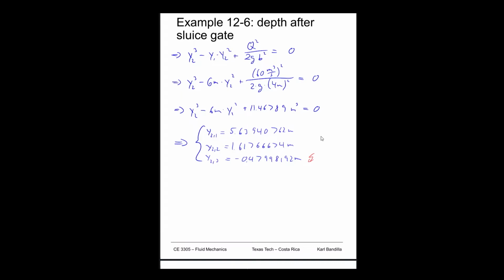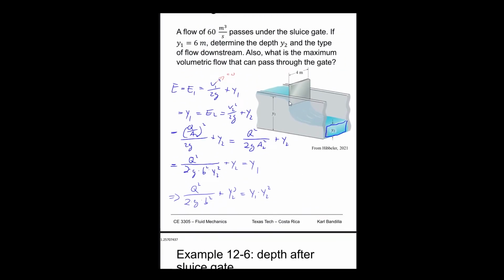Just like with the other ones, the negative one obviously doesn't work for us. Can't have negative depth. So that means we're left with two results here. The way we can interpret these two results, as we go back to our figure, is that the first one is where the flow in this channel is still subcritical. Up here it's going to be subcritical, and then it goes through its transformation and becomes supercritical.